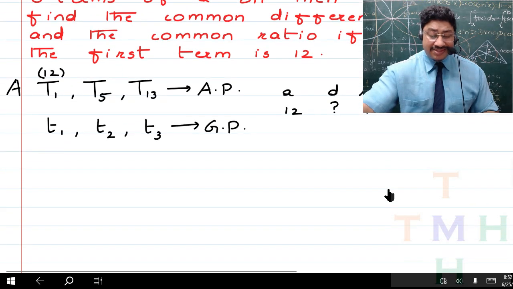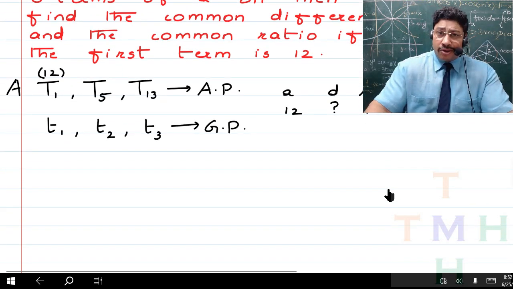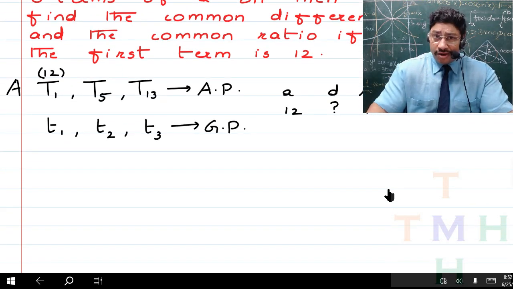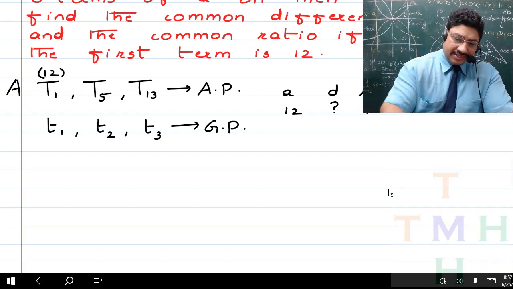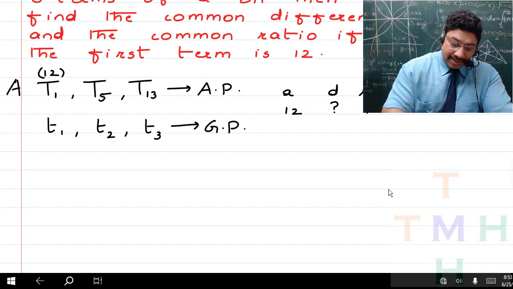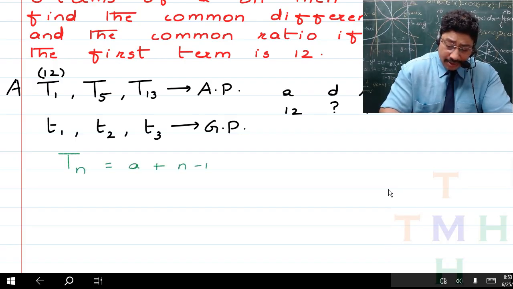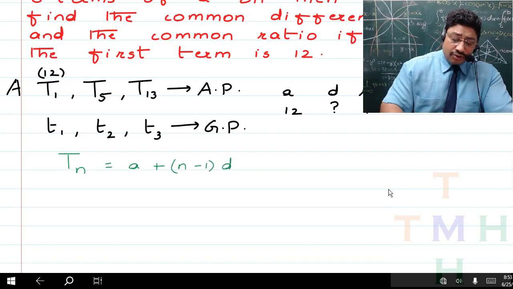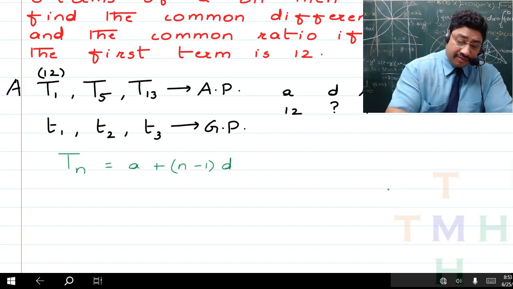So here, children, we'll start off by talking about what the nth term of an arithmetic progression is. Quickly be reminded that Tn is equal to a plus (n minus 1) times d, right? This was the formula. We'll be using it to find the 5th term and the 13th term of the AP.